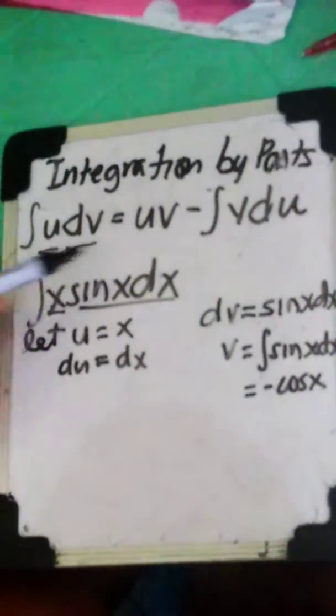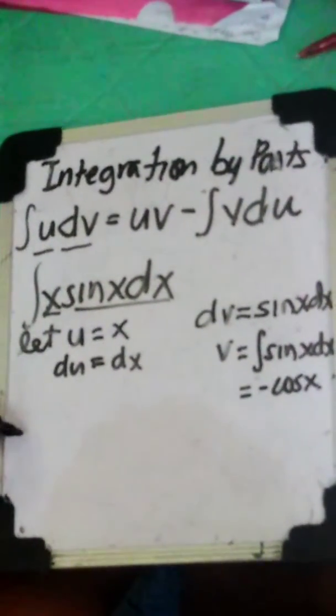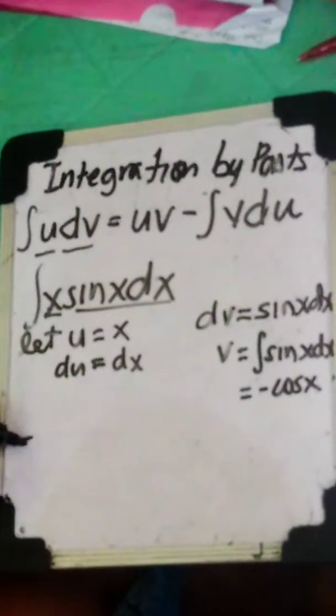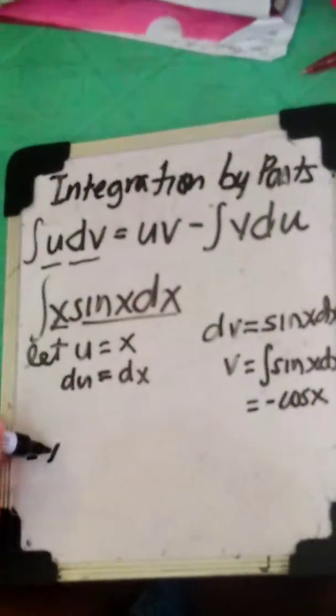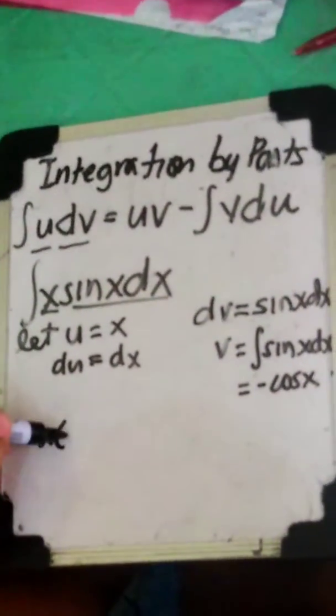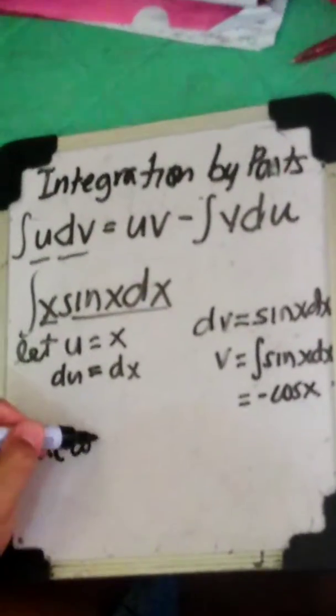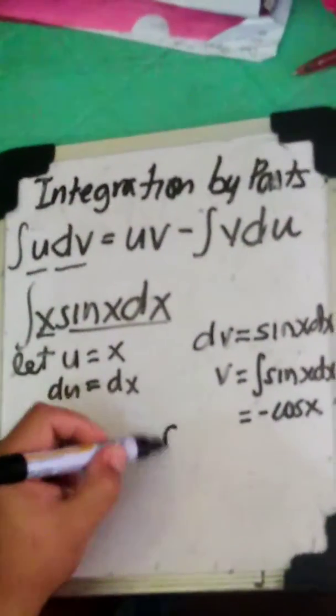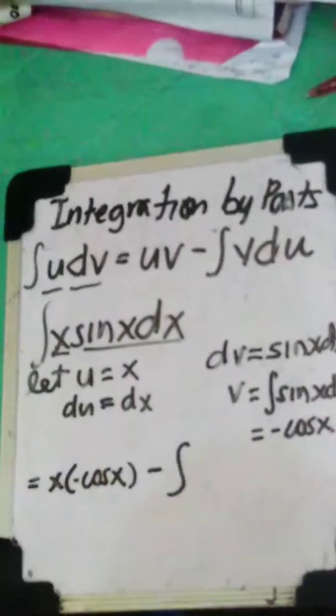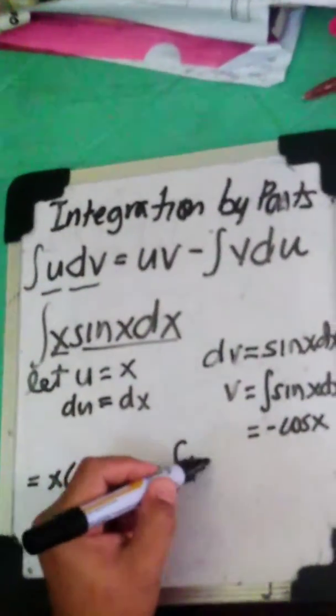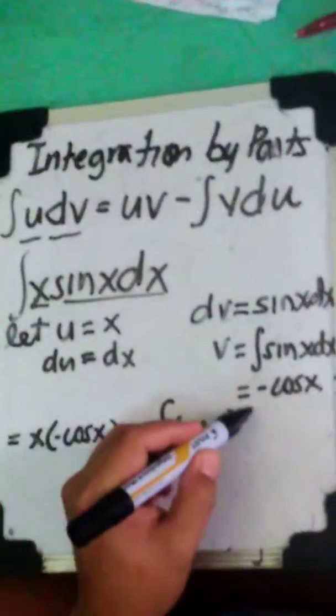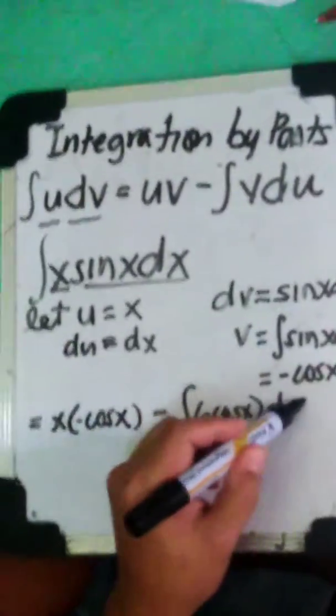Upon substitution to the formula, we have u times v, x times negative cosine x, minus integral of v times du, which is dx.